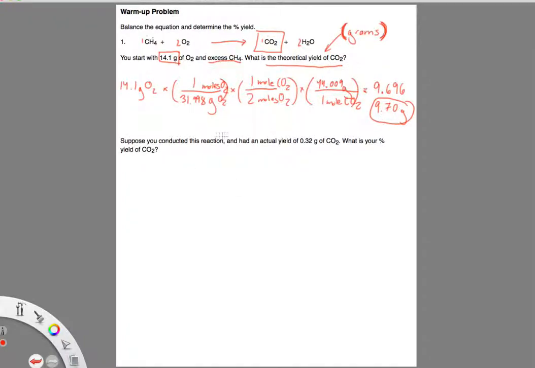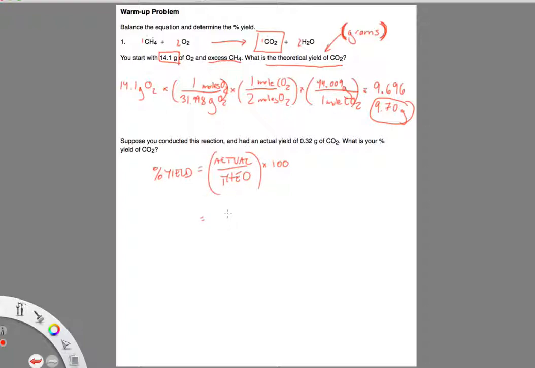So now it says, suppose you conducted this reaction and you had an actual yield of 0.32 grams. That's horrible. Come on. What is your percent yield of CO2? So we know that the percent yield is the actual over the theoretical, times 100.